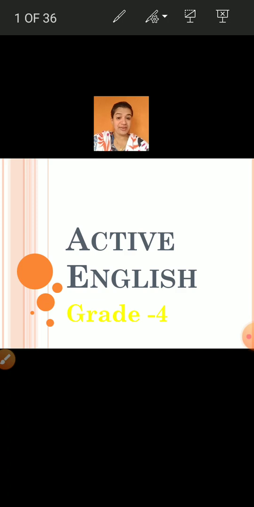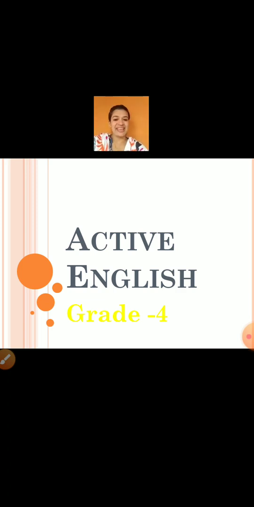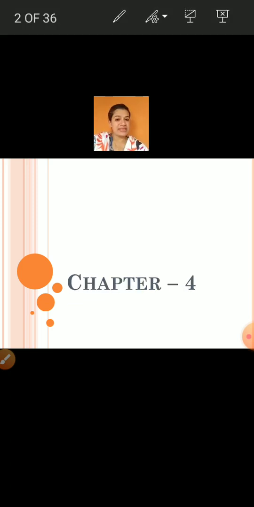Now, today we are going to start with Active English and we are going to do a new chapter. And even in this chapter, we are going to have fun, okay, children? So, this is chapter number 4.